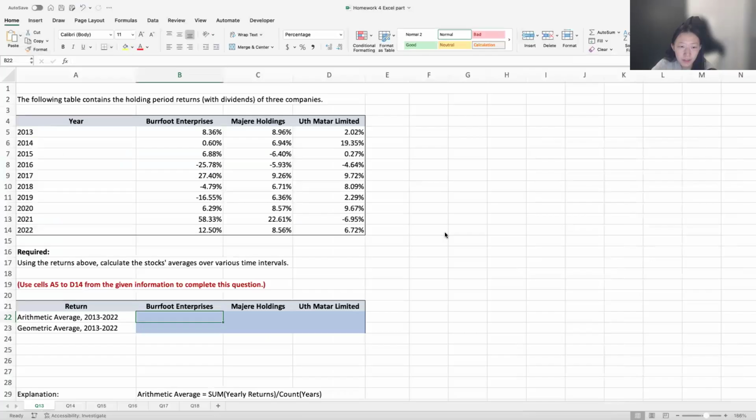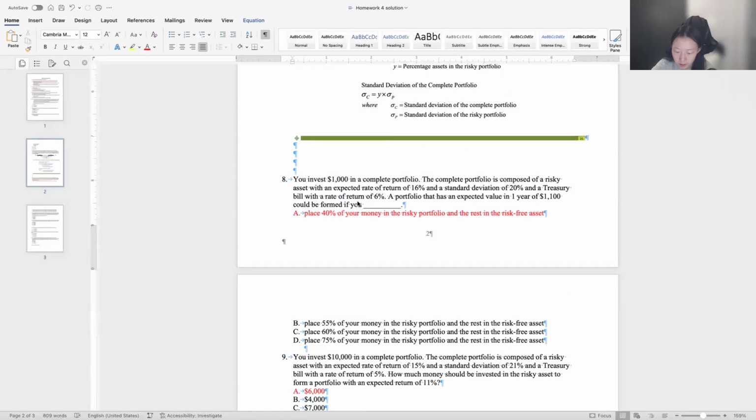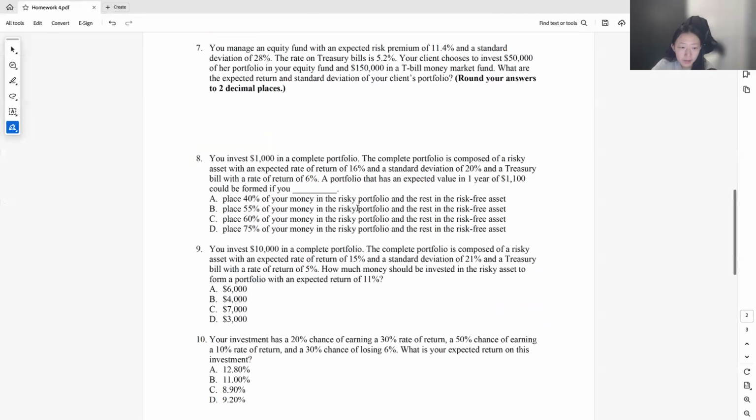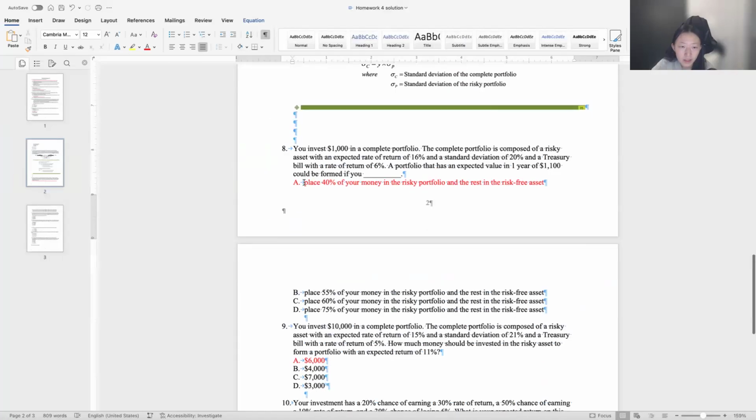All right, so next one. So we have here the question. You invest $1,000 in a complete portfolio. The complete portfolio is composed of a risky asset with an expected return of 16%, a standard deviation of 20%, and a treasury bill of 6%.